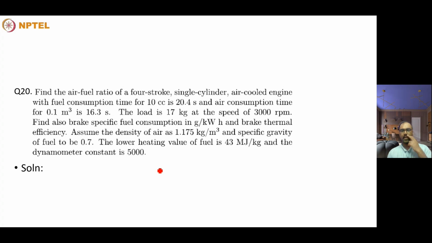The load is 70 kilogram at the speed of 3000 rpm. We also have to calculate the brake specific fuel consumption in gram per kilowatt hour and the brake thermal efficiency. The density of air is 1.175 kilogram per meter cube, the specific gravity of the fuel is 0.7, and the lower heating value is 43 megajoule per kilogram.